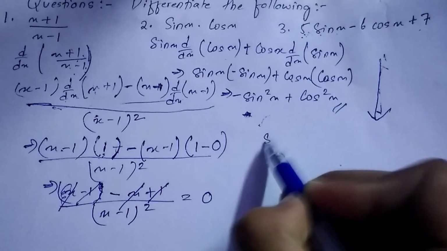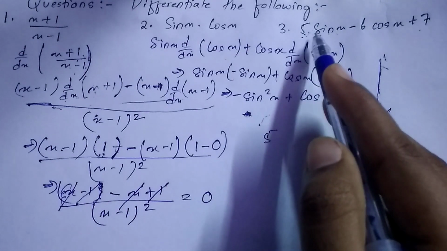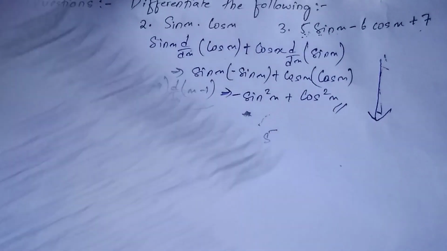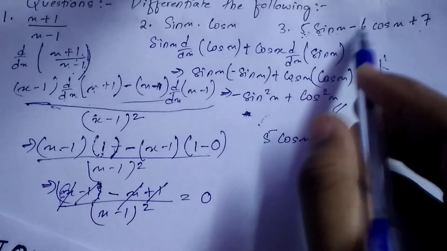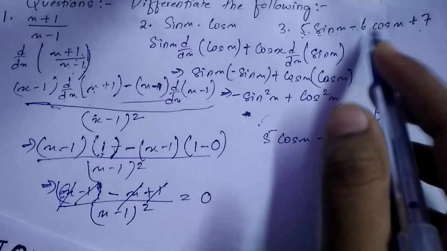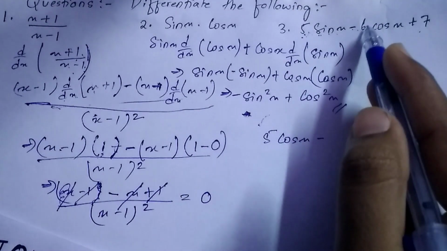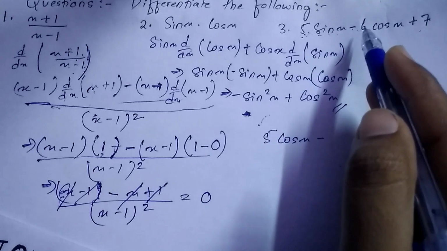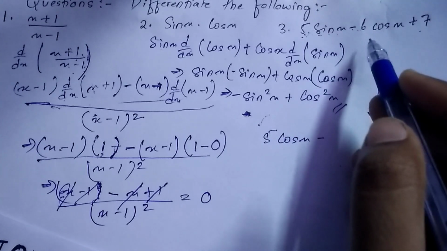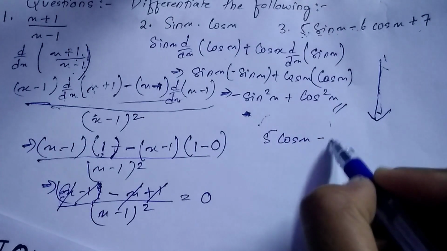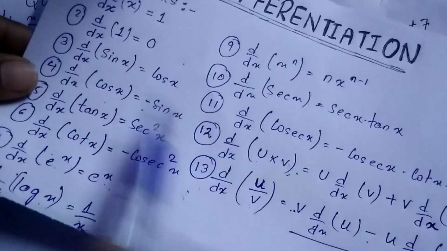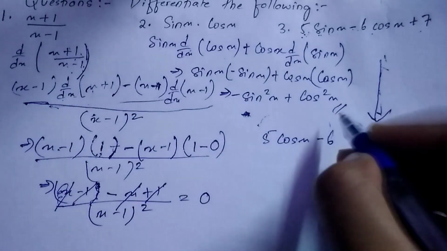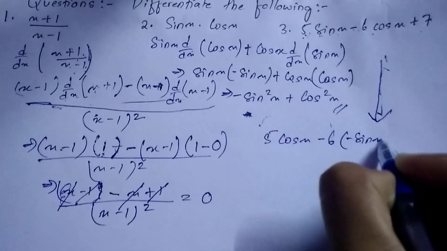So we are going to write 5 only, and ddx of sin x is cos x, so it will be cos x minus, now again it is in multiplied form, so ddx of 6 we are not going to write 0, it will be 6 only, as it is we have to leave it, and ddx of cos x is minus sin x, so it will be minus sin x.